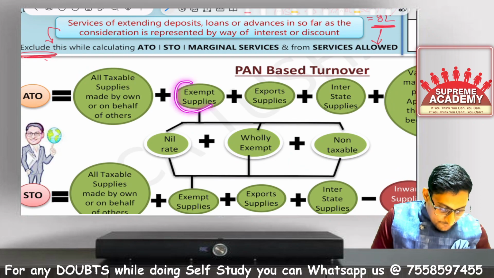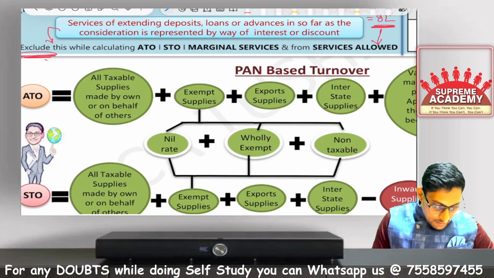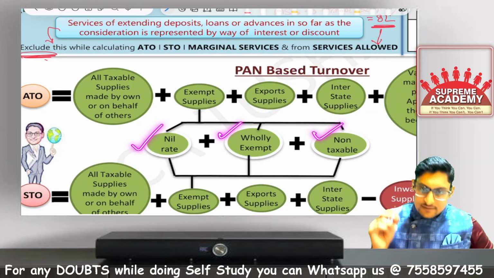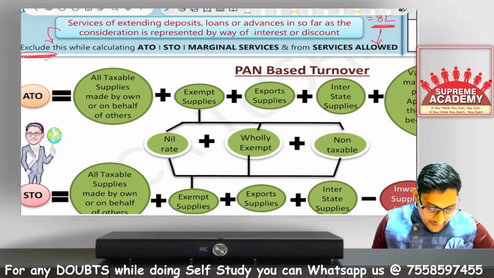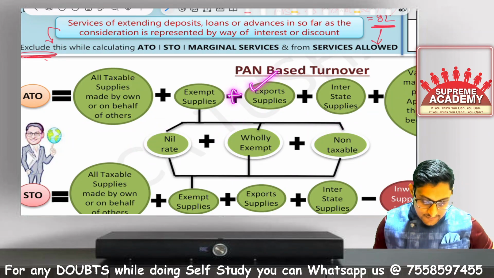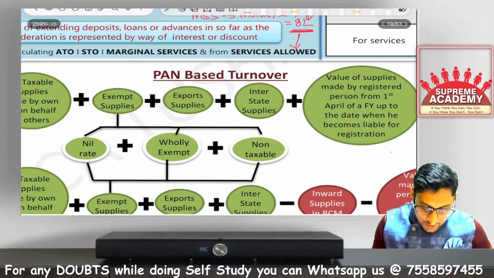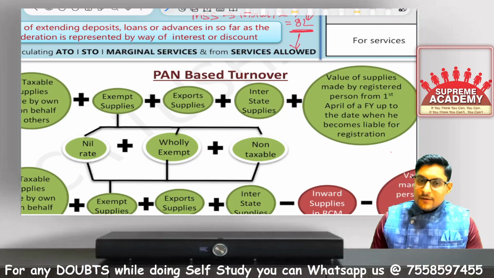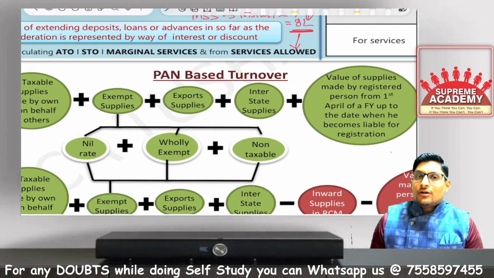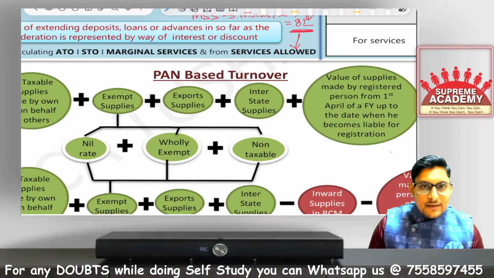Plus, all types of exempt supplies. Exempt supplies include nil rated, wholly exempt, and non-taxable. After that, export supplies plus interstate supplies, plus value of supplies made by the registered person from 1st of April of the financial year to the date of registration in the composition scheme.